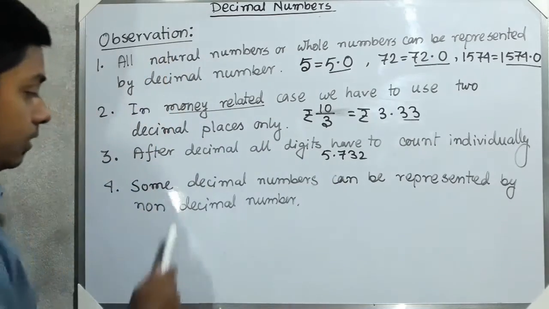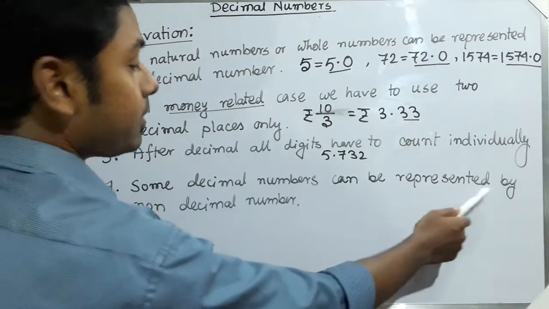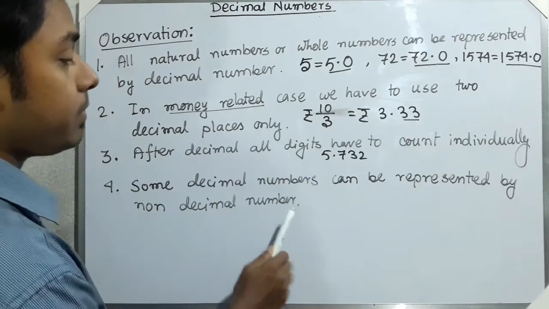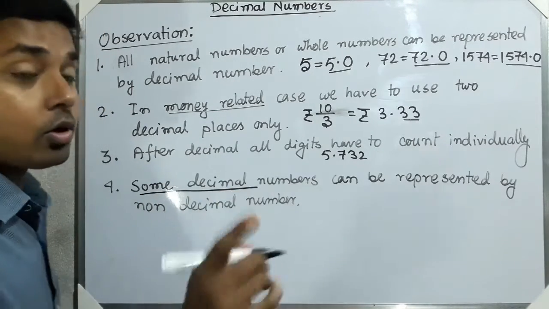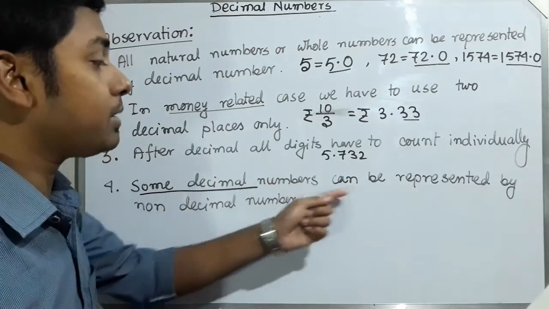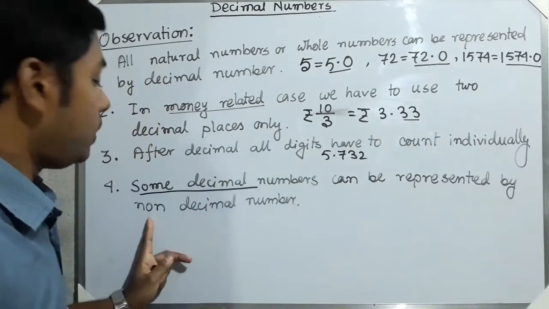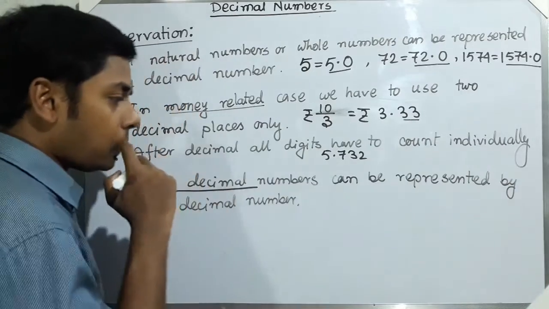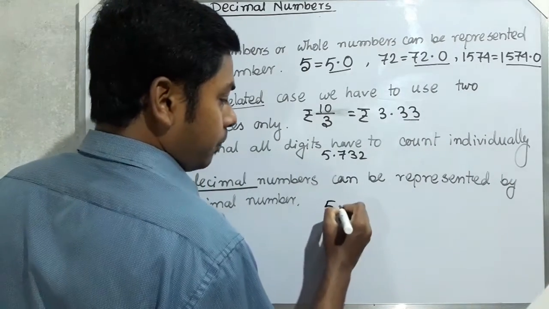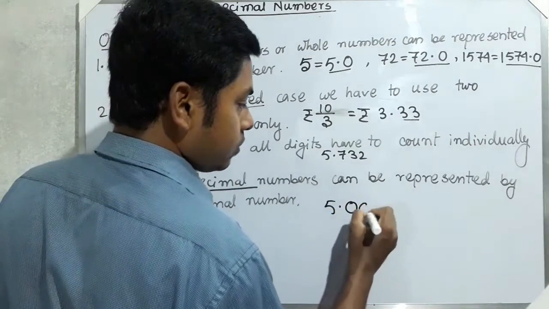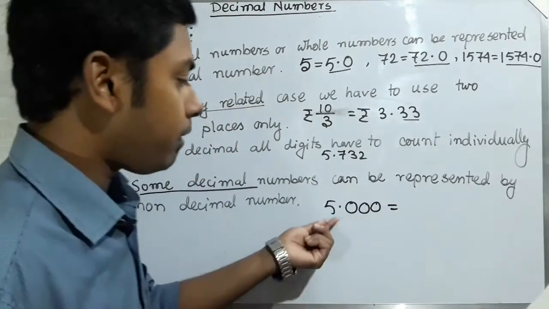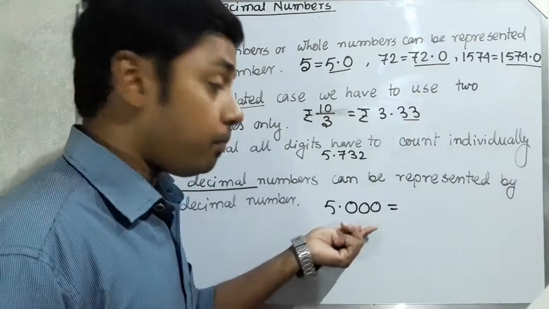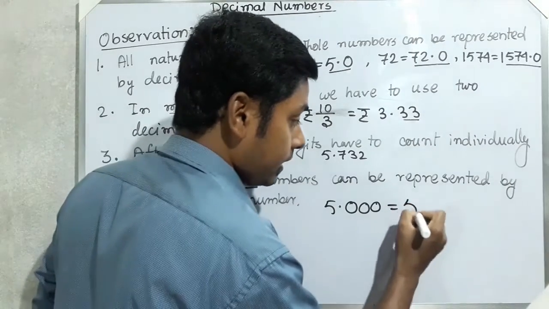Okay, now some decimal numbers can be represented by non-decimal numbers. Some decimal numbers, not all decimal numbers, can be represented by non-decimal numbers. So how? Suppose 5.000, it's a decimal number, but this number you can write as 5.